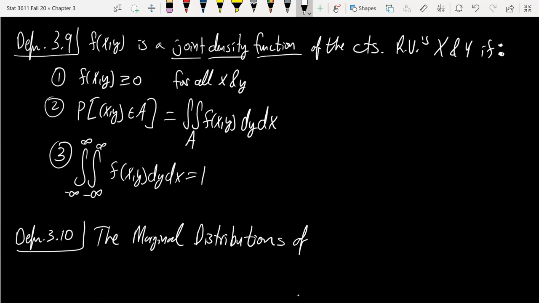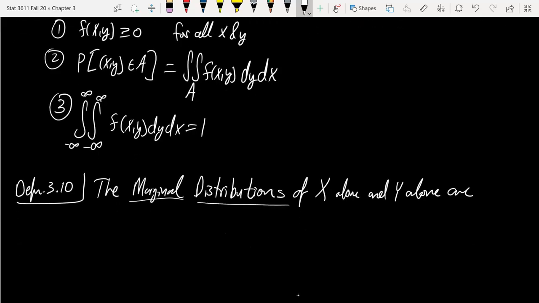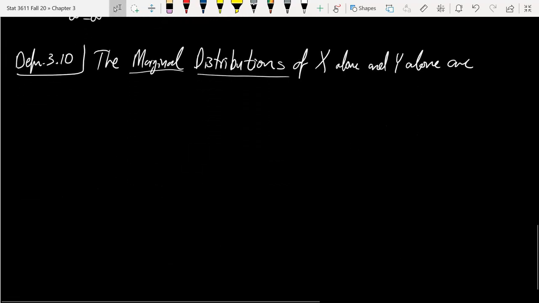The marginal distributions of x, so x alone, and y alone, would be taking a joint distribution and getting strictly a distribution for x alone, not including y as part of that distribution.